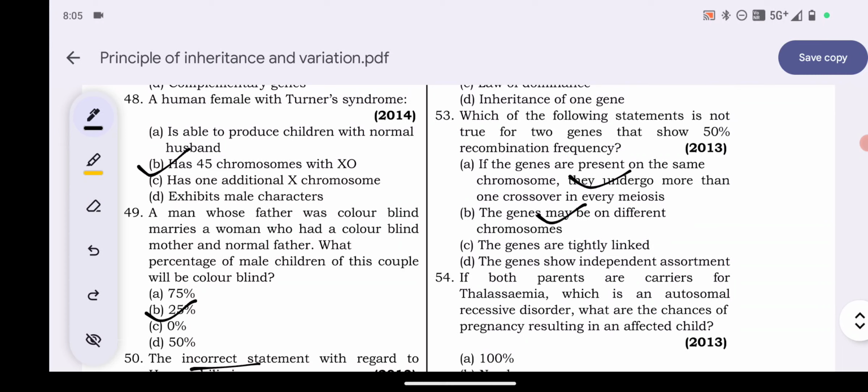That is possible, also correct. Option C, the genes are tightly linked. This will not be the case. Option D, the genes show independent assortment. Correct one. So C will be your answer. Tightly linked genes show 100% parental type and 0 recombinants. Here 50% is asked, so C is the wrong one.